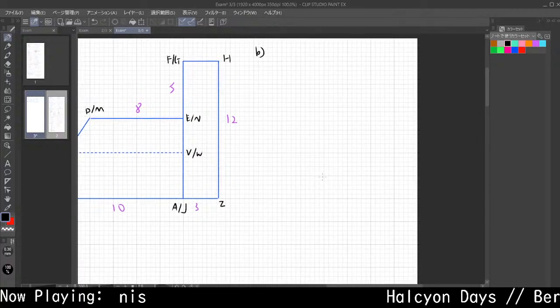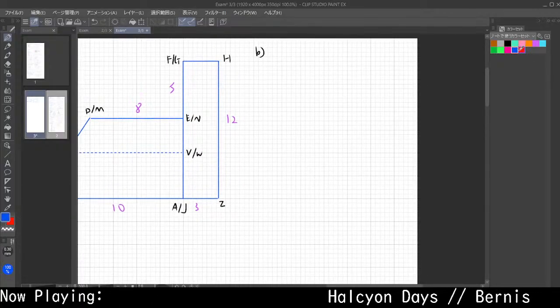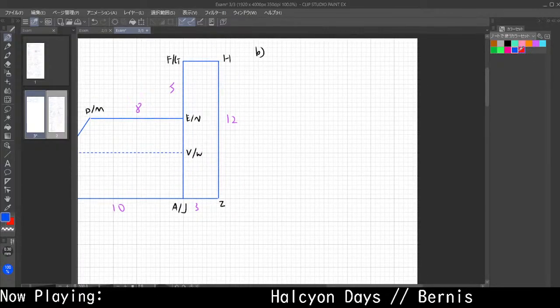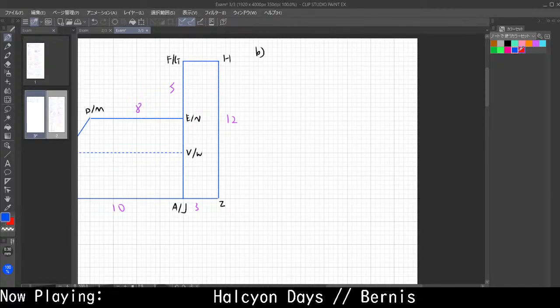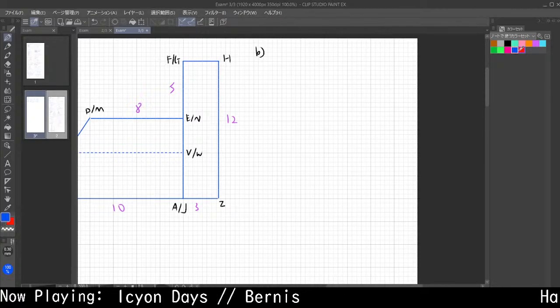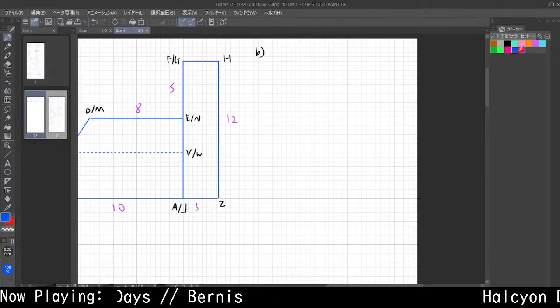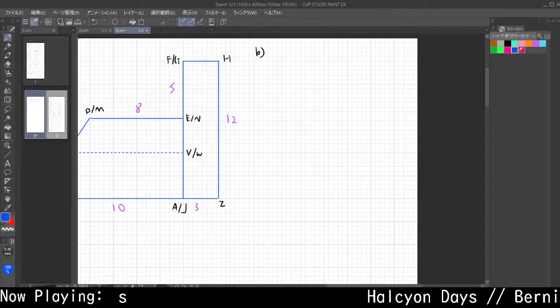Okay, in this case, your plan refers to looking from the top, looking down from the top. So how long is your entire thing now?